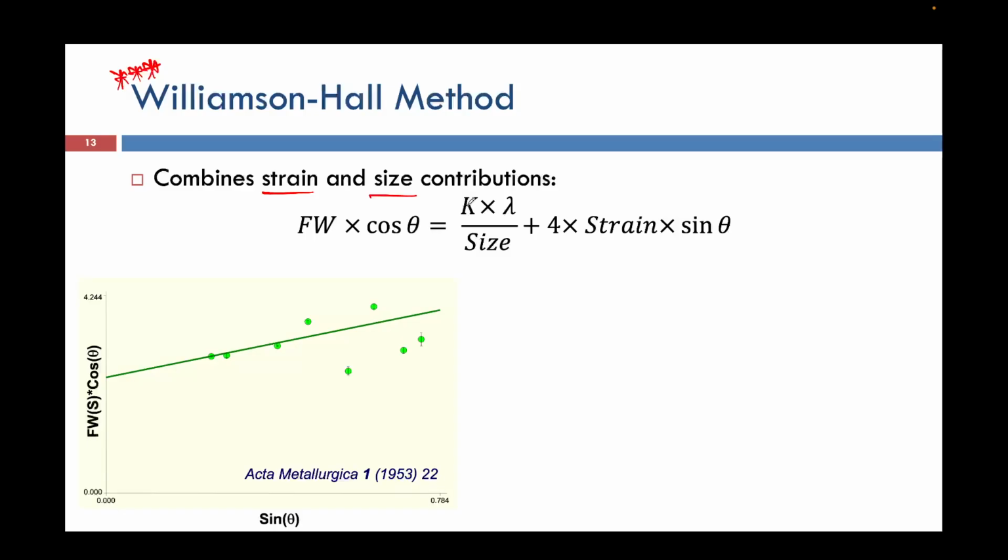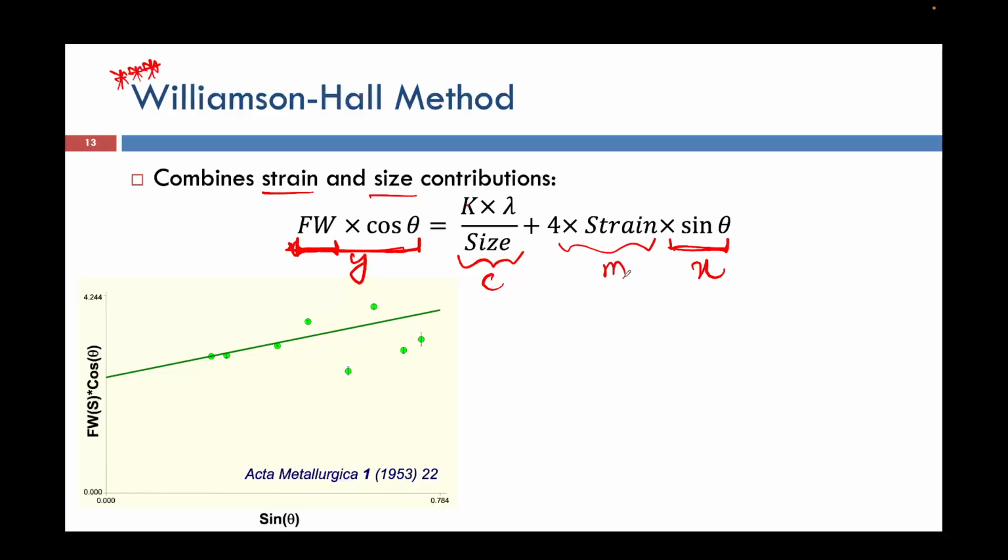So here, Fw cos theta means, as we talked about earlier, B cos theta. B is written here as Fw so that you will understand. When you plot this, you put Fw cos theta as your Y, and sin theta as your X. Then this is your C, and this 4 into strain will be your m.